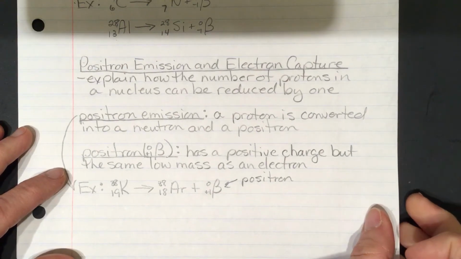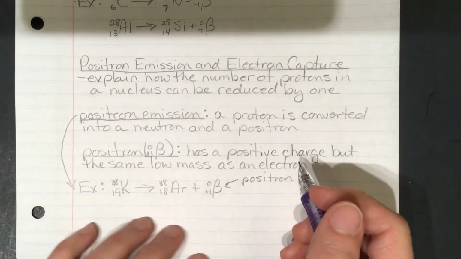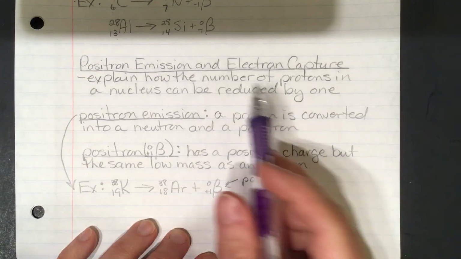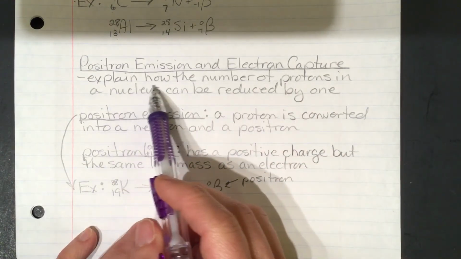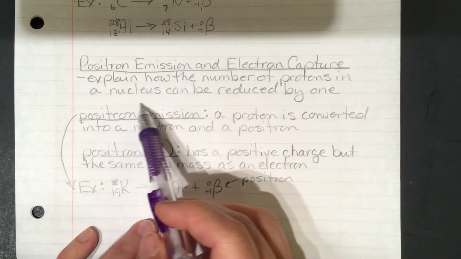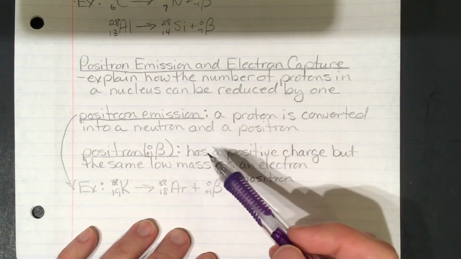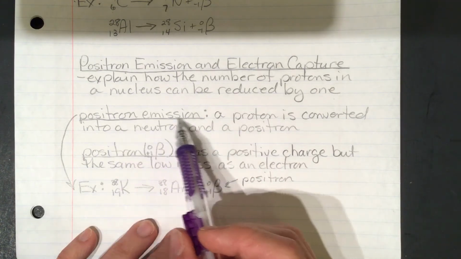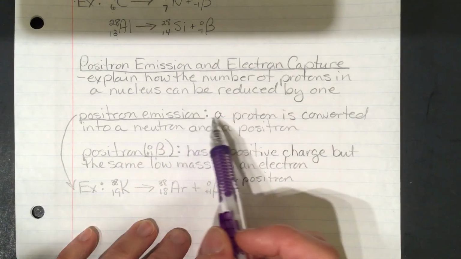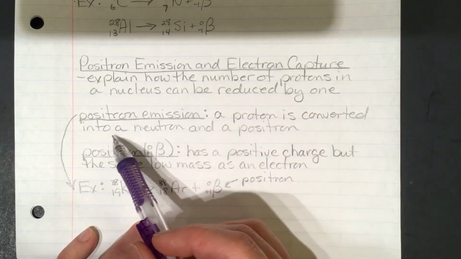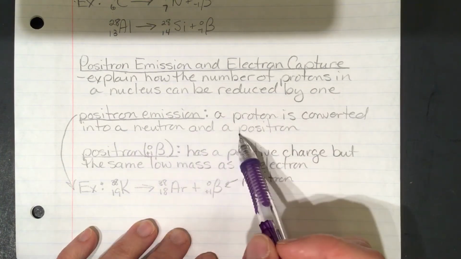There's also what's called positron emission and electron capture. And this explains how the number of protons in a nucleus can be reduced by 1. So the first one we're going to talk about is this positron emission. This is when a proton is converted into a neutron and a positron.